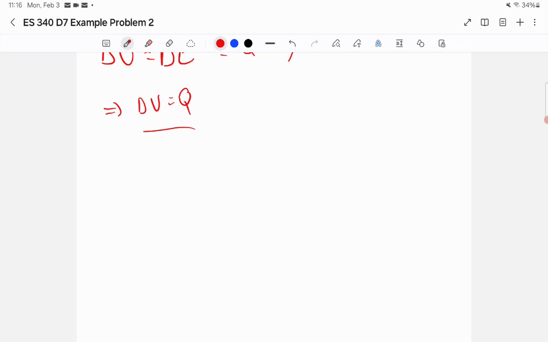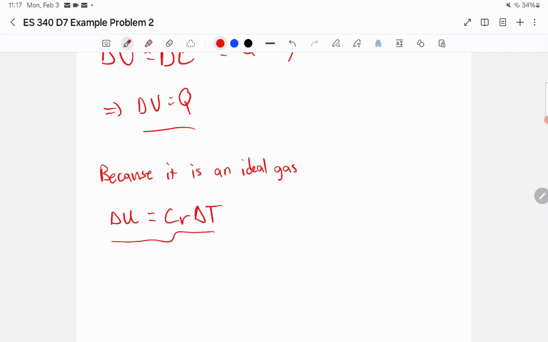And so how do we get to delta U? Well, it's an ideal gas. Because it's an ideal gas, we know that delta little u, lowercase u, is equal to Cv delta T. The reason for that, of course, is that it's an ideal gas, and we went over this earlier in the lessons.